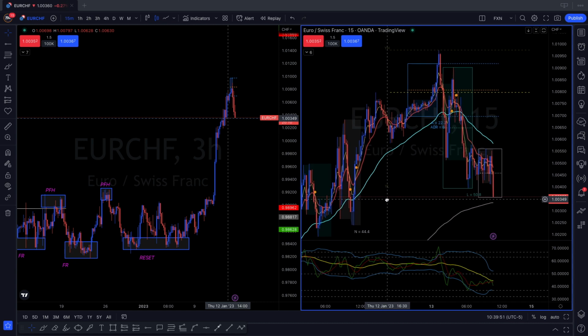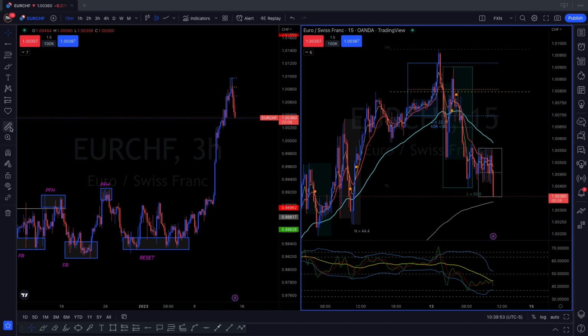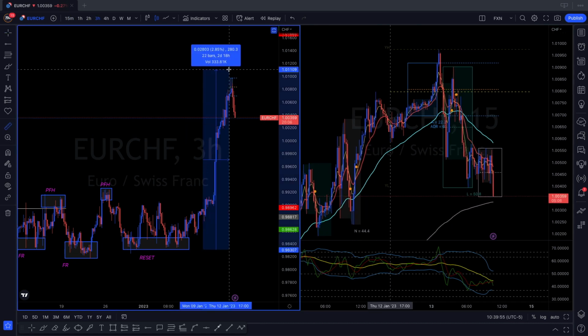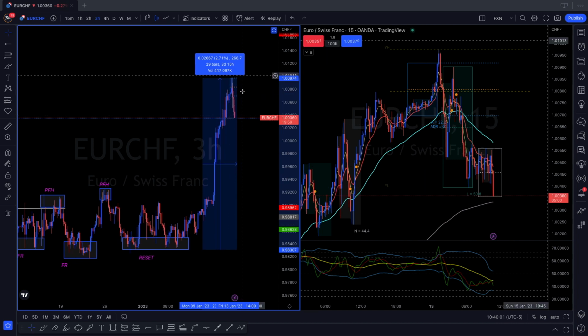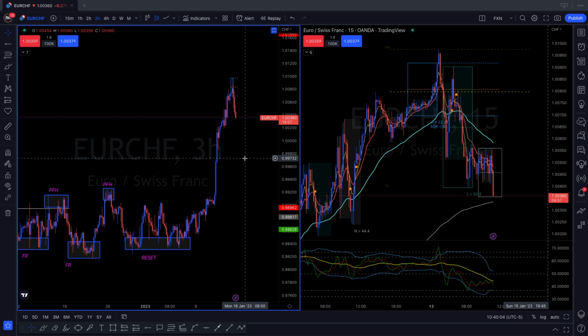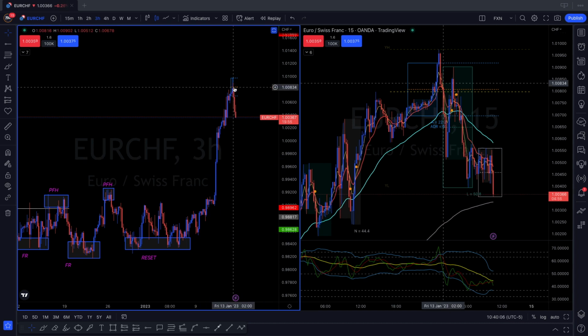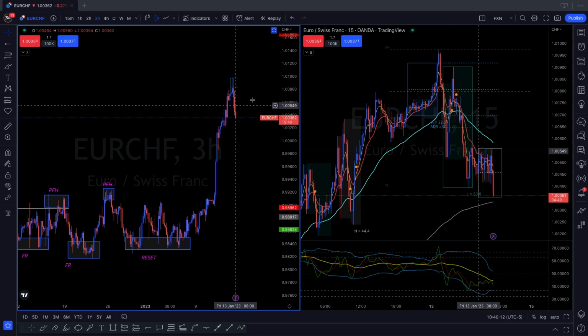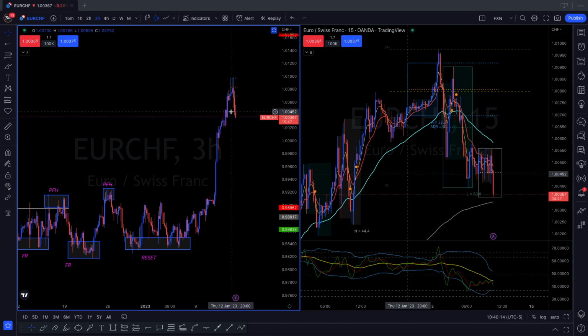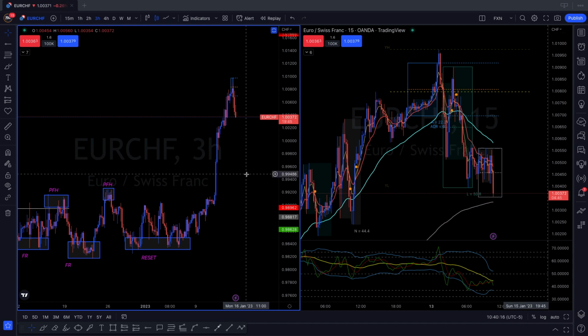Why is it? Because we've already moved 4.3 times its own ADR. So the likelihood that this is actually going to go up higher is very unlikely, because we've already passed 3 times its own ADR, and we actually should be looking for a potential peak formation high to form, and then actually start to look for sells.